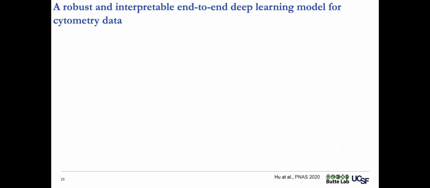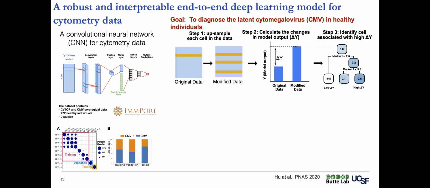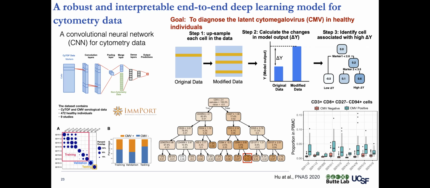We also did a nice project on a deep learning model for cytometry data. We used a convolutional neural network for cytometry data to diagnose latent CMV, cytomegalovirus, in healthy individuals. Using the deep learning model, can you predict, since it's latent, who is CMV infected and who is not, based on cell types?